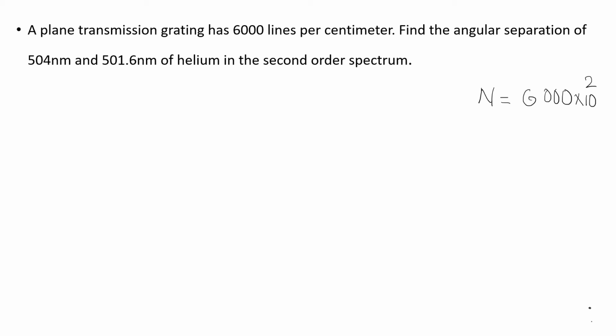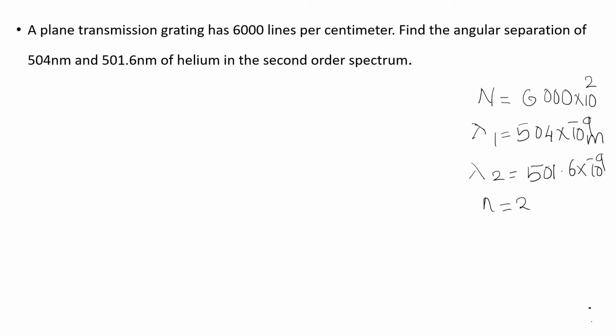And two different wavelengths are given. First we are taking it as lambda 1, corresponding to 504 nanometer, that is 504 into 10 raised to minus 9 meter. And for the second one it is lambda 2, it is 501.6 into 10 raised to minus 9. In the second order spectrum, that is n is equal to 2.